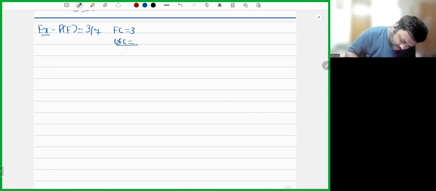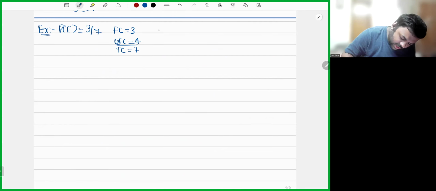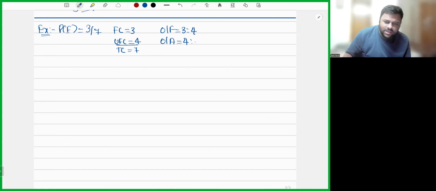What are total cases? 7, sir. So can I say unfavorable cases are 4? How did you get the 7 minus 3? So can I say odds in favor will be favorable cases is to unfavorable cases. Odds in against will be unfavorable cases is to favorable cases. Simple, sir. There is nothing much difficulty in this case.